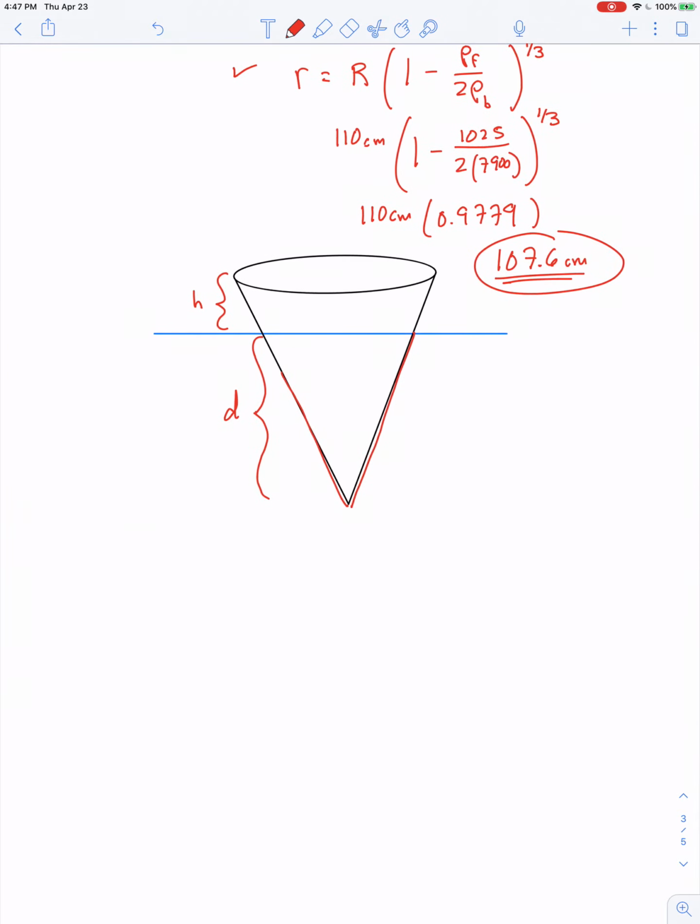No other variables are given. Just what's d in terms of some constant times h, or in other words, by what factor is d greater than h?